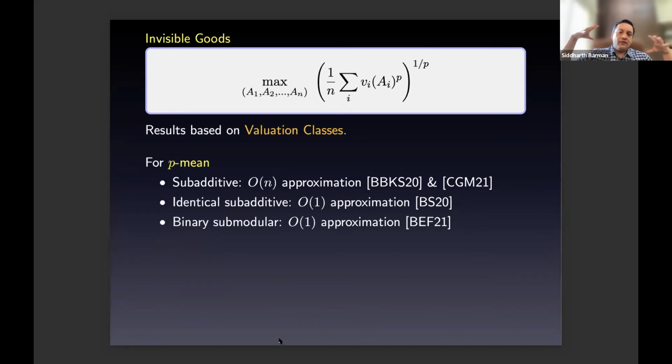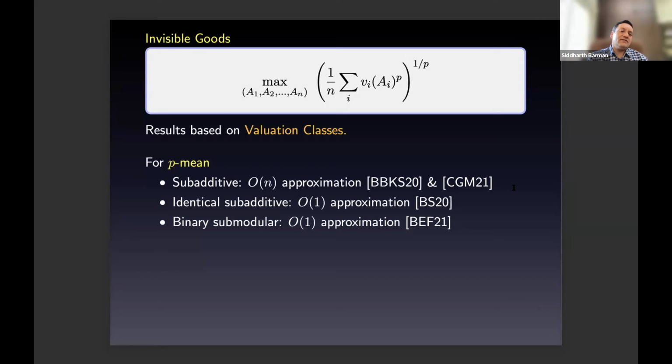What we show is that for this broad class of subadditive valuations, I'll not really spell out what subadditive means, but think of them as the most general class for which you can hope for positive results, the complement-free valuations. For them, what we obtain is something like an order n approximation. Subadditive is a broad class.